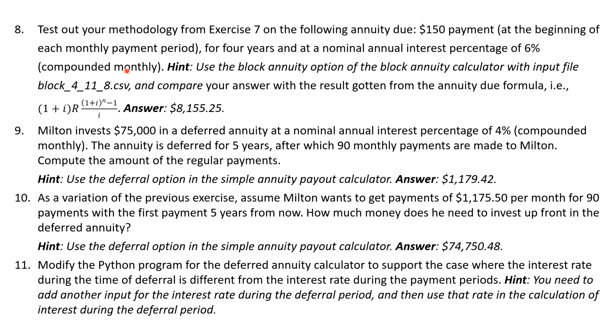So we can do it manually using the formula for annuity due. i would be 0.06 divided by 12, or 0.005, so that gets plugged in here. R is 150, and n would be 4 times 12, 48, and you should get this number here. Or you can use the methodology we talked about, where you take the block annuity option of the block annuity calculator, which I'll make available to you.